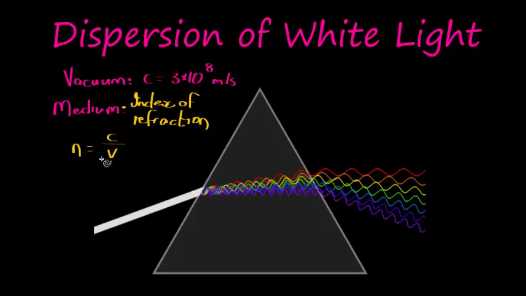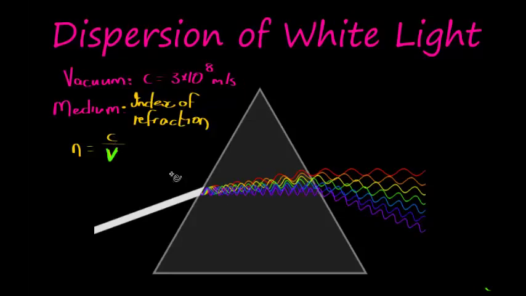So what is this all about? Well, don't worry about it, it's not that important. All that you need to know is that velocity in the medium is less than the speed of light. The speed of light is actually the very fastest possible speed in physics. You can't go faster than the speed of light.